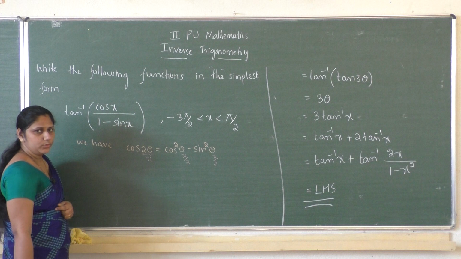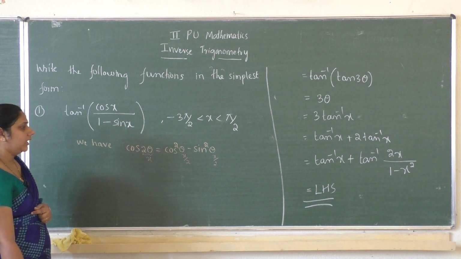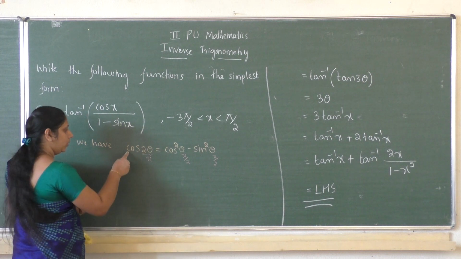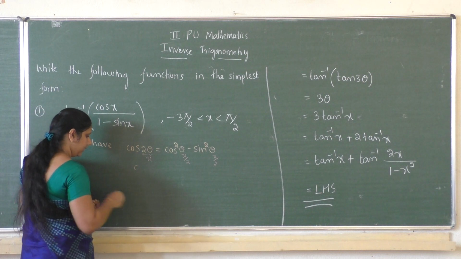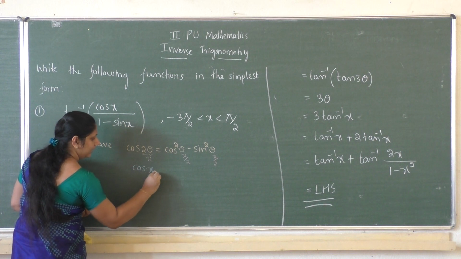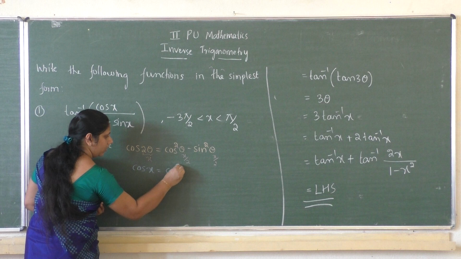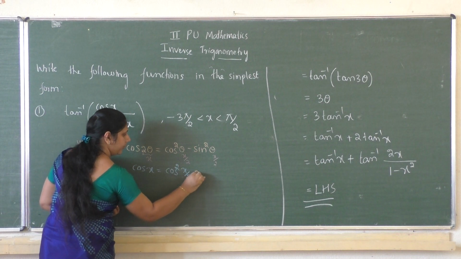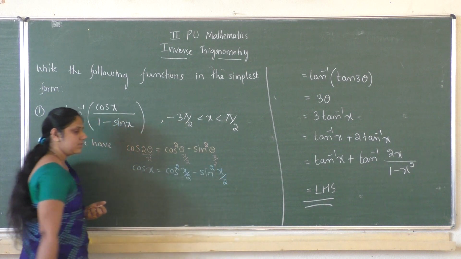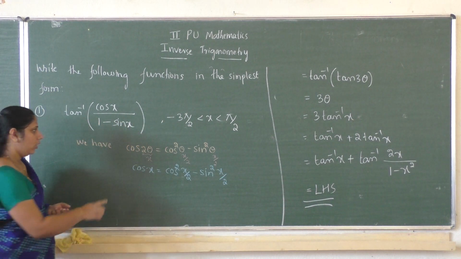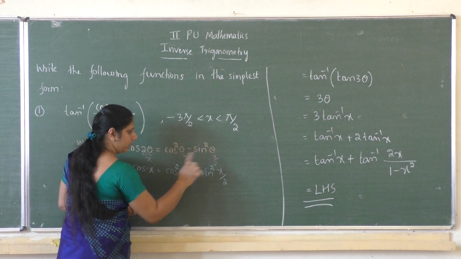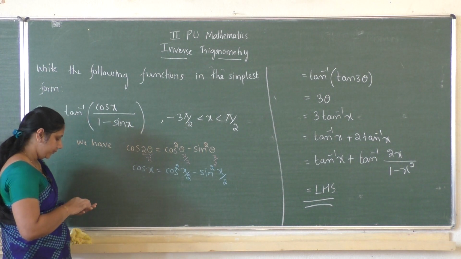So this formula can be written as cos x equal to cos square x by 2 minus sin square x by 2.